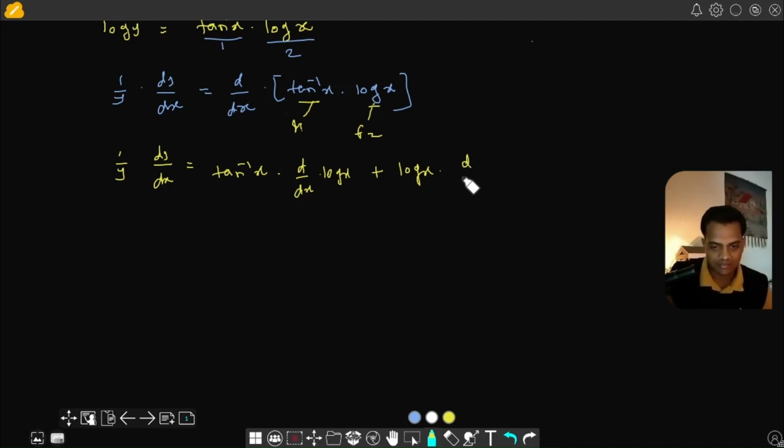So it is tan inverse of x into the derivative of log of x with respect to x, which is 1 upon x, plus log of x into d by dx of tan inverse of x.